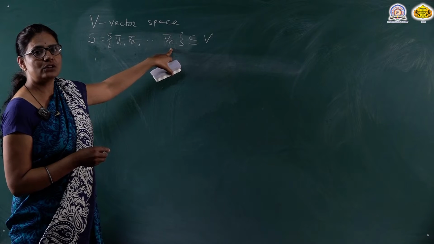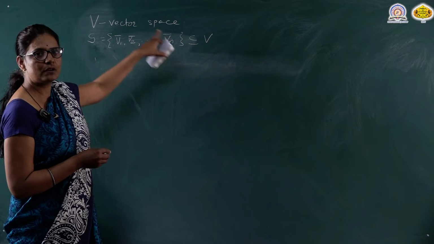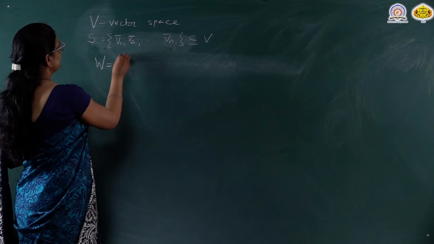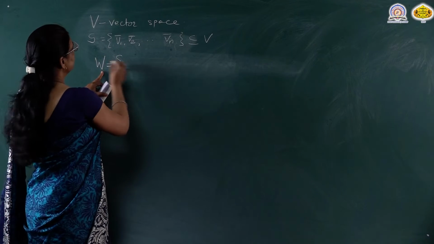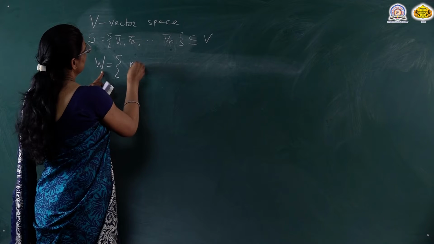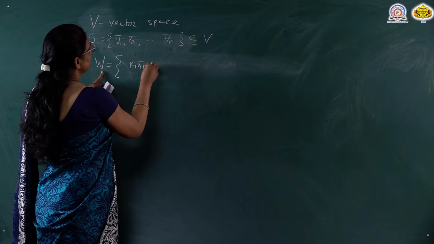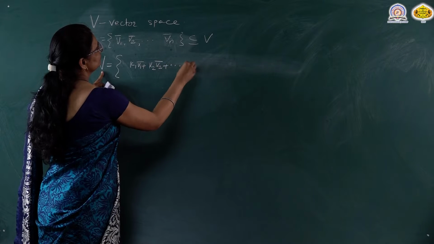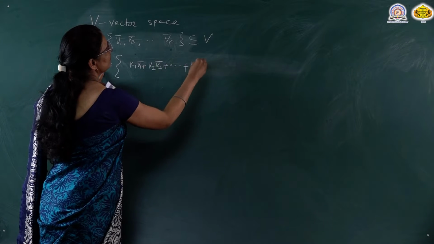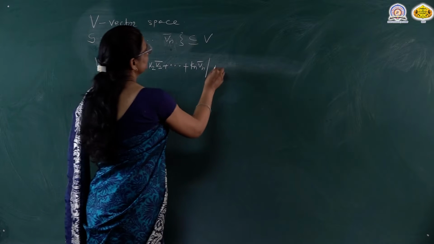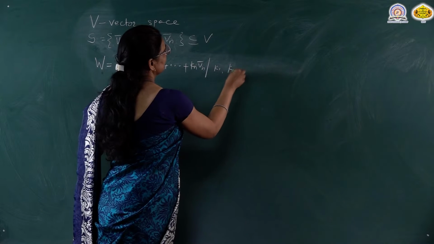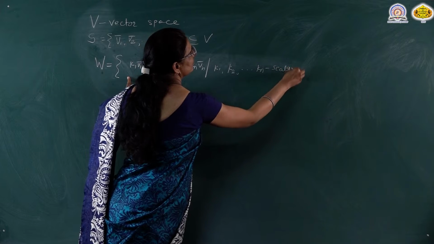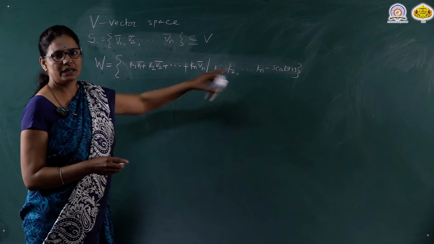Then we consider the set of all possible linear combinations of these vectors, that is, the set W of K1 V1 plus K2 V2 bar up to Kn Vn bar, where K1, K2, Kn are scalars.